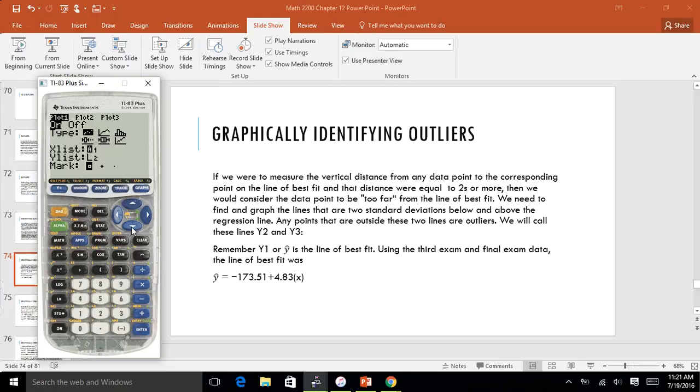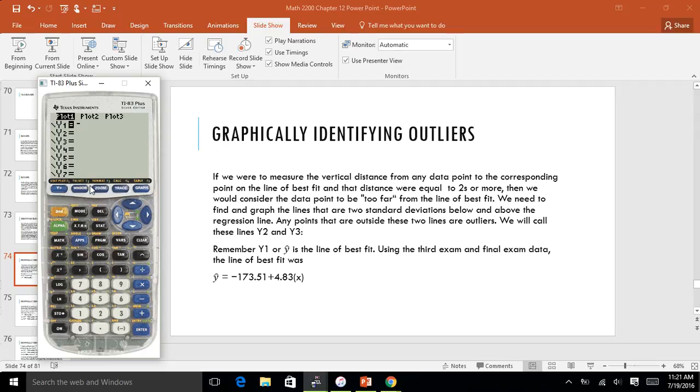It's on. L1 is where X is, L2 is where Y is. Keep going down and then hit enter. Then I go to zoom stat, and there's my scatter plot. There are all my variables. Now I want to put in my line of best fit.